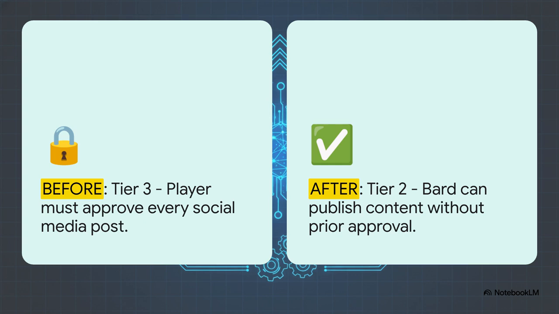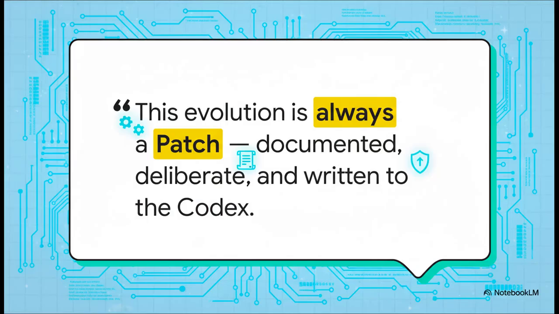It can publish content directly, no pre-approval needed. Trust has been earned, and more importantly, it's been systemized. And this part is absolutely critical. This isn't just some informal understanding, right? This promotion, it's a formal patch, it's documented, it's deliberate, and now it's written into the system's official rules. This is how you reward great performance, without letting that sneaky system drift creep back in.